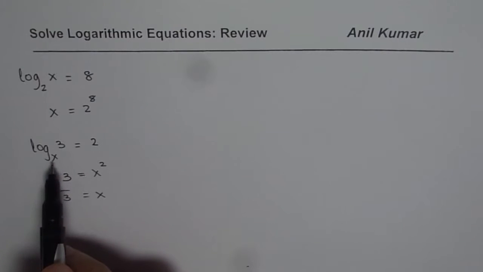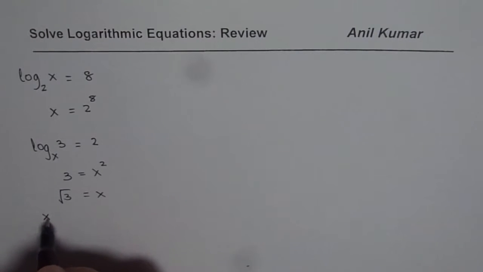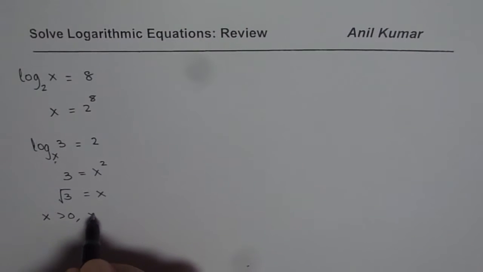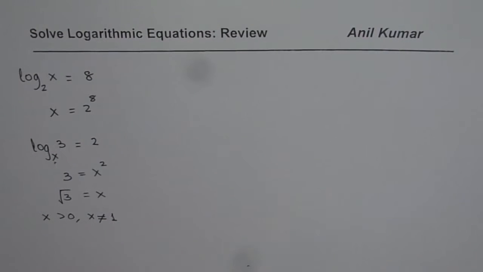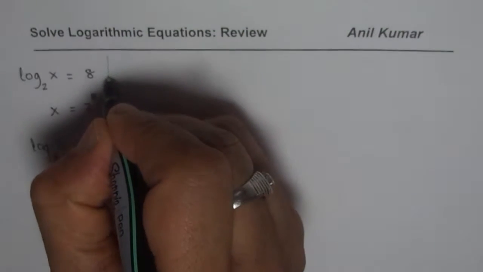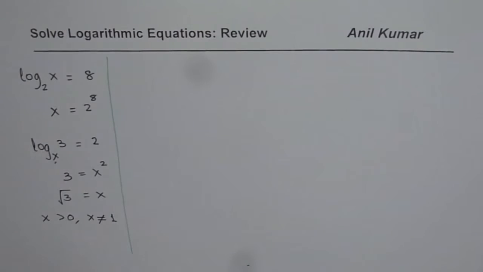The base has to be greater than 0, and the base cannot be 1. So remember that x, the base in this case, should be greater than 0, and x should not be equal to 1. This is very important to understand. These are the restrictions we have to keep in mind when we solve logarithmic equations.